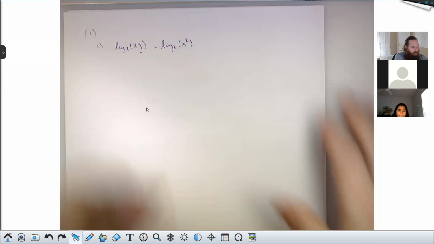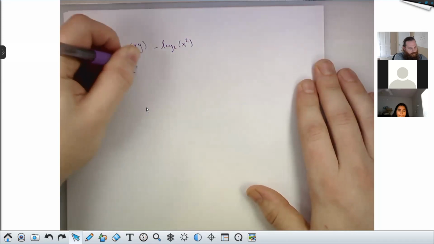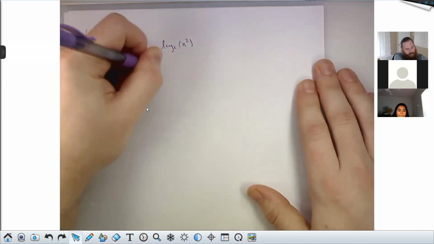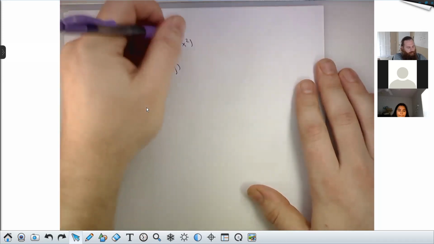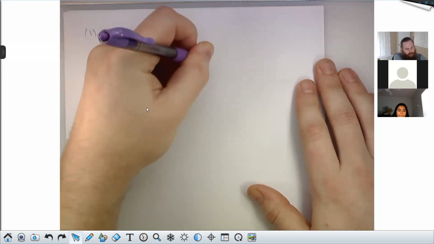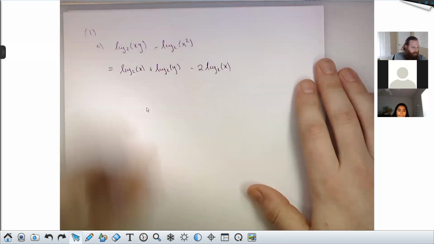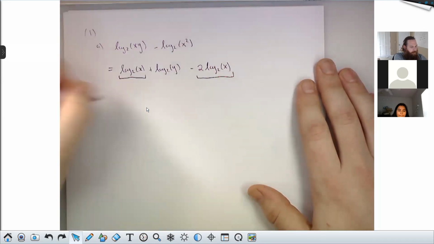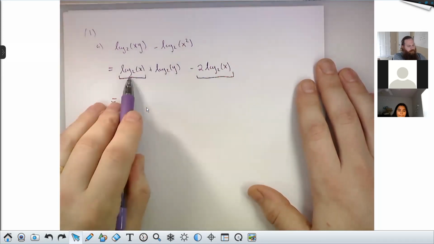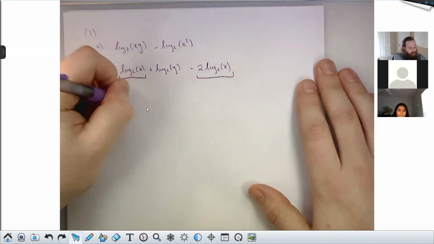So our first group was trying to simplify this expression as much as possible. There's a few different ways to attack this. We can expand this and combine our like terms. That would look like the base 2 log of x plus the base 2 log of y. And then here I can bring the 2 down, so that would be minus 2 base 2 log of x. This and this being like terms, we can combine them. One of these things minus 2 of these things is negative 1 of these things.